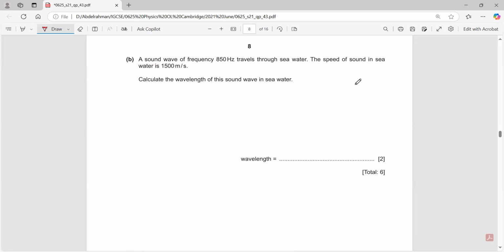A sound wave of frequency 850 hertz travels through the seawater. The speed in the seawater is 1500. Calculate the wavelength. Okay, that's easy. Speed equals wavelength times the frequency. So the wavelength would be equal to the speed over frequency.